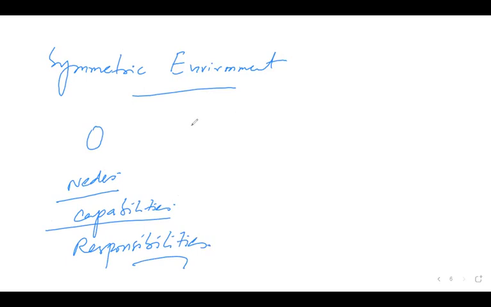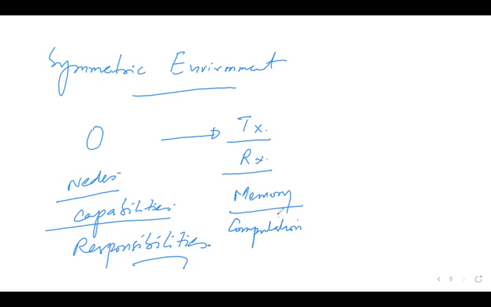So look at this, the capabilities may be the transmission power, the reception power, the memory of these nodes, the processing or computational power, you can say, and similarly the mobility.